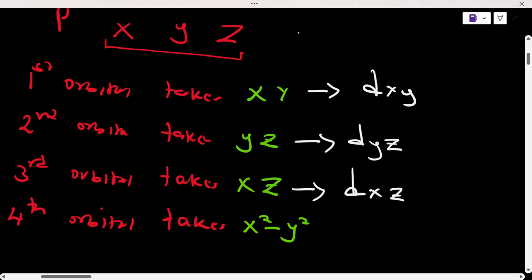And therefore, that orbital will be called the d x squared minus y squared.